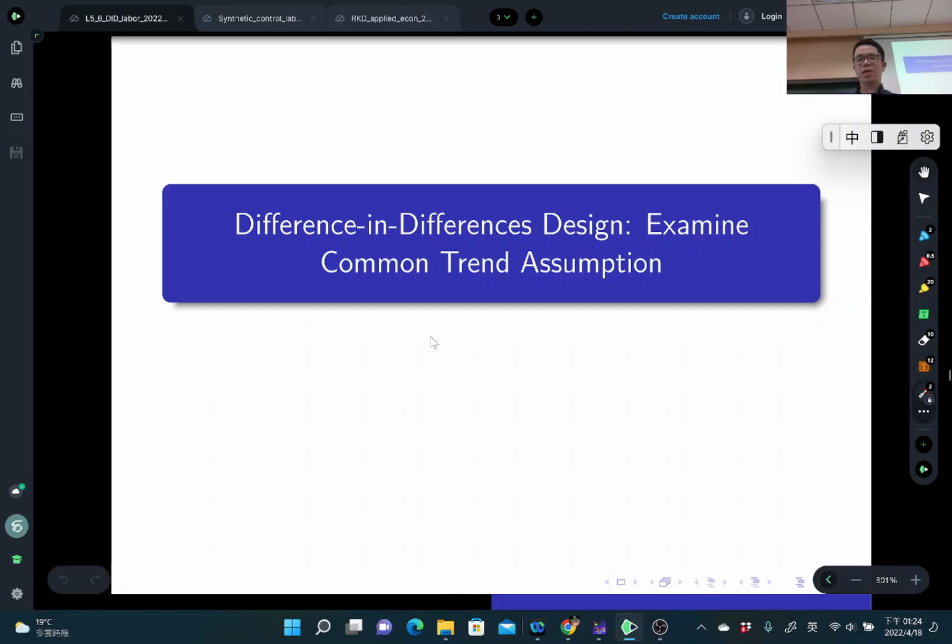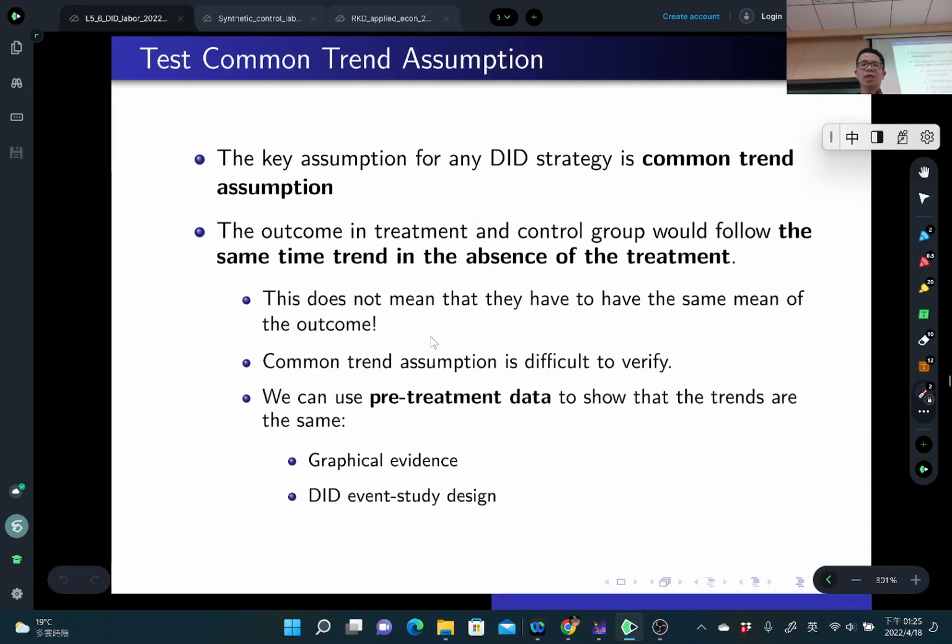Okay, so last time we gave you some basic idea to let you know how to implement the difference design. Today I would like to let you know how to examine the common trend assumption, which is very crucial for the difference design. So the key assumption of the difference design is the common trend assumption.